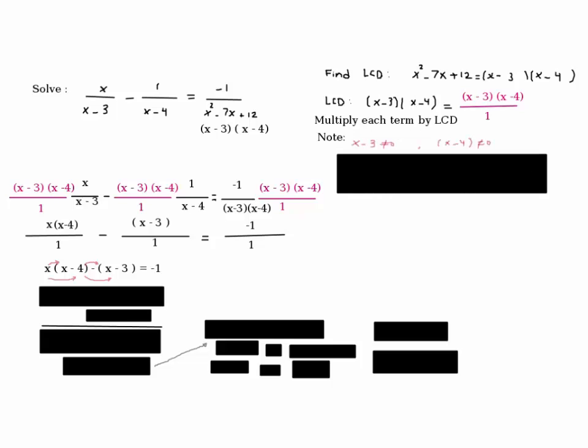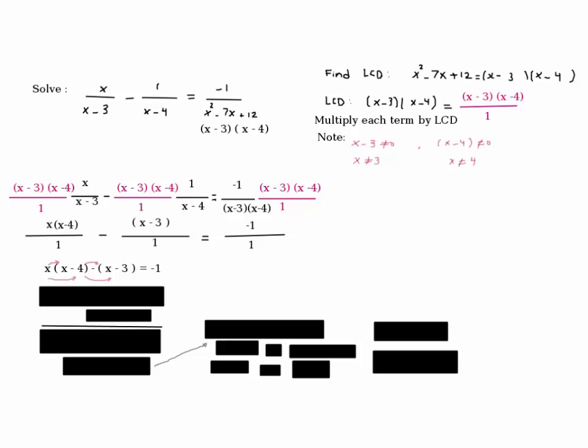So x minus 3 cannot be equal to 0, and also x minus 4 cannot be equal to 0. So from there, we conclude that x cannot be equal to 3, x cannot be equal to 4.